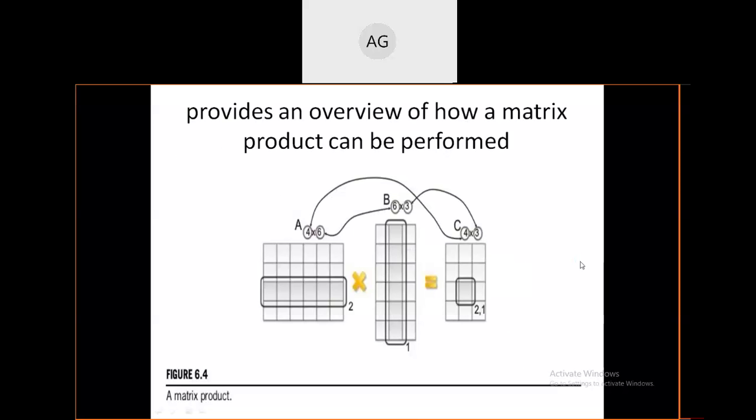He is providing an overview of how the matrix product can be performed. Here we are using one example. Depending upon this logical organization, we are using multi-threads in that program. Each multi-threading program has some steps. First you perform the computation the same as the previous embarrassingly parallel method.